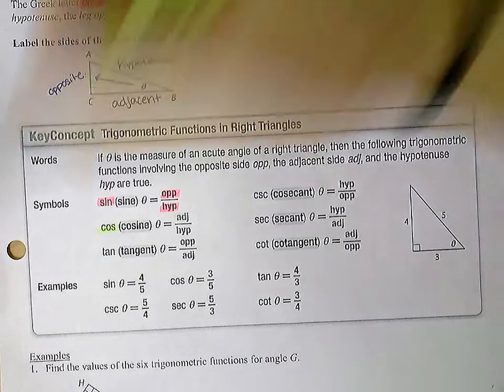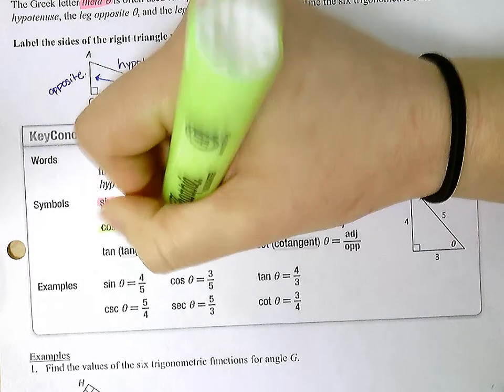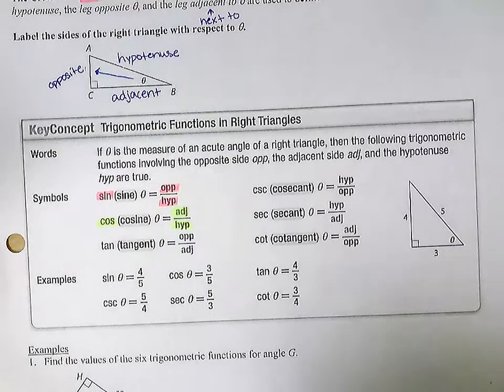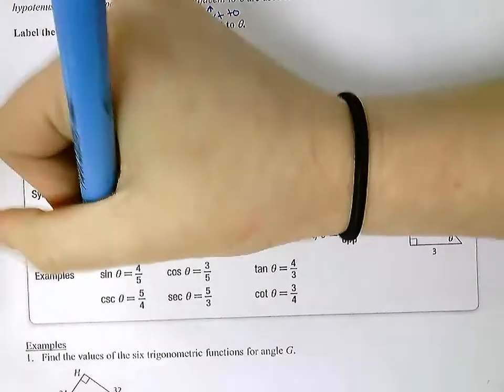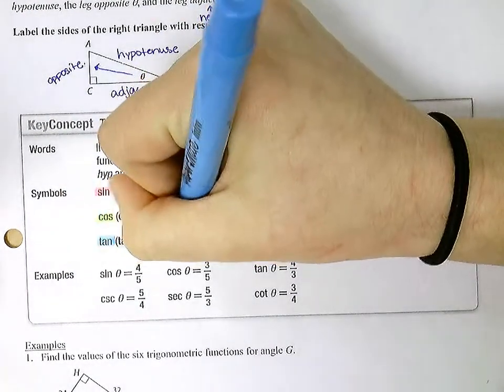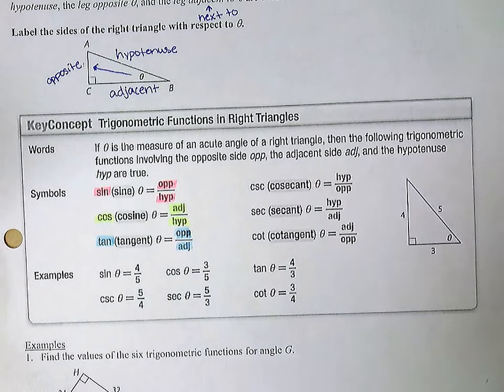Cosine is the side adjacent to theta over the hypotenuse. Then we have tangent. That is the opposite side to theta over the adjacent side next to theta.